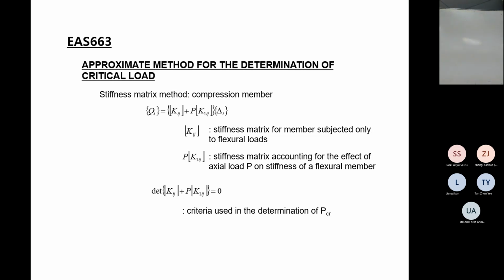To get the determinant of a matrix is a very tedious process. 2 by 2 is still manageable. 3 by 3 is becoming, maybe you need 3 or 4 pages of paper, and it's a very tedious calculation. So this stiffness matrix method is actually suitable for computer applications.